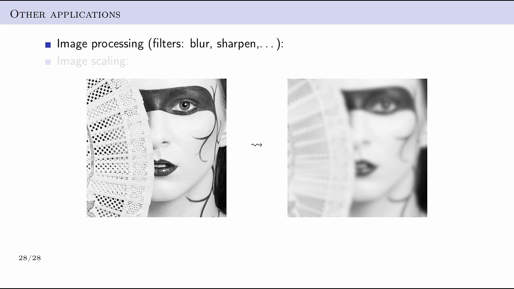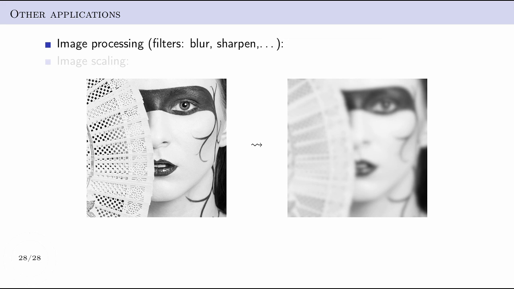They treat the image as a matrix of pixels, and each pixel is treated as a number, or three numbers if it's a color picture, and the filter convolves this matrix with a certain kernel.